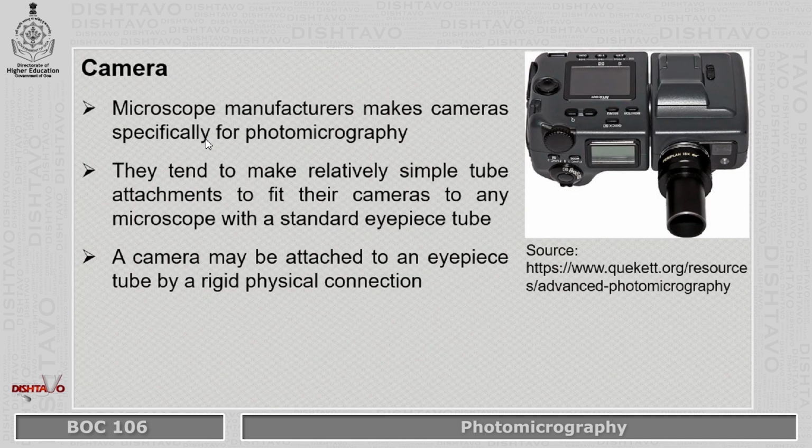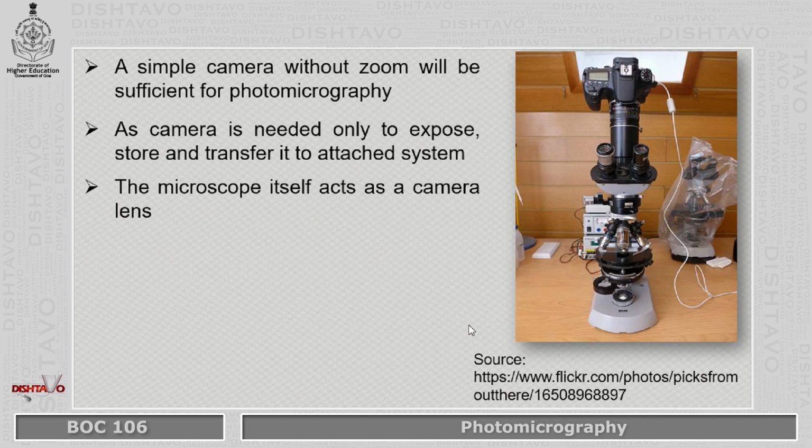This is the camera. Microscope manufacturers make cameras specially designed for photomicrography. They make a simple tube attachment to fit their camera to any microscope with a standard eyepiece tube. A camera may be attached to an eyepiece tube by a rigid physical connection.